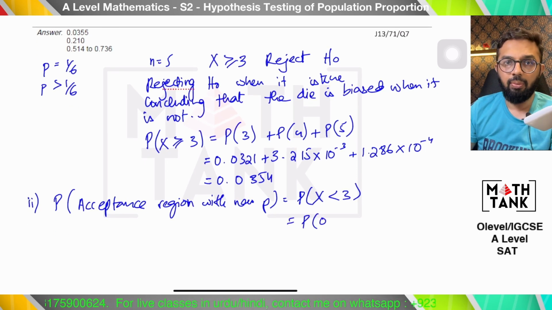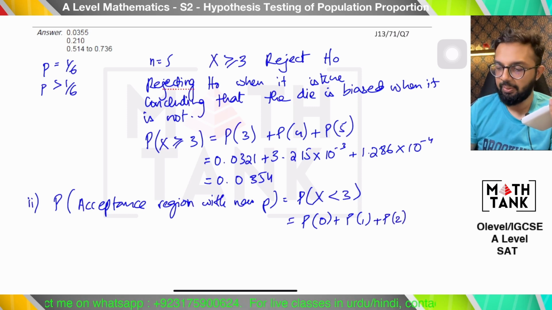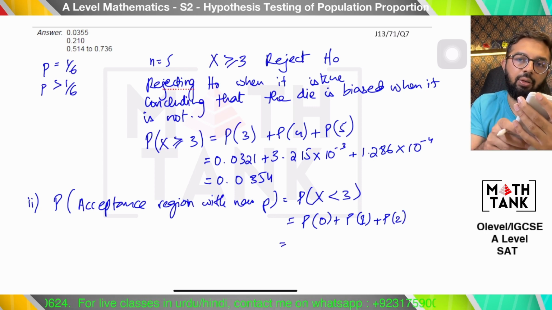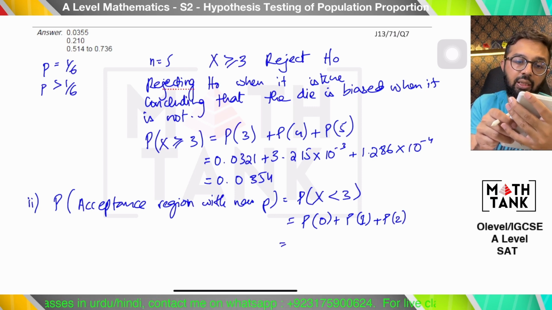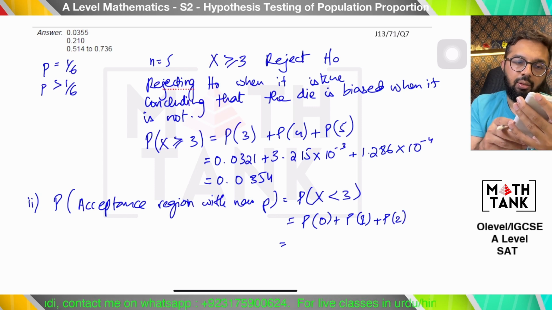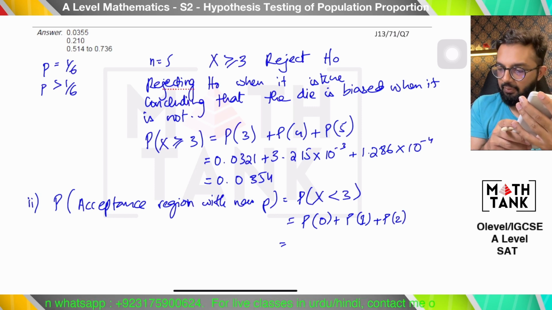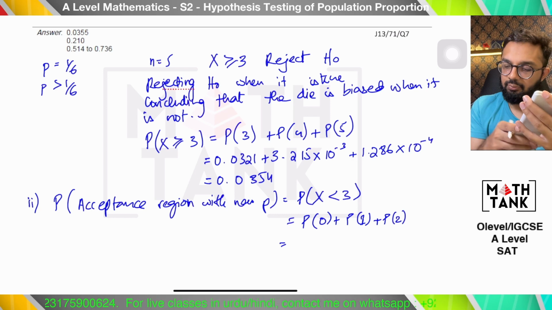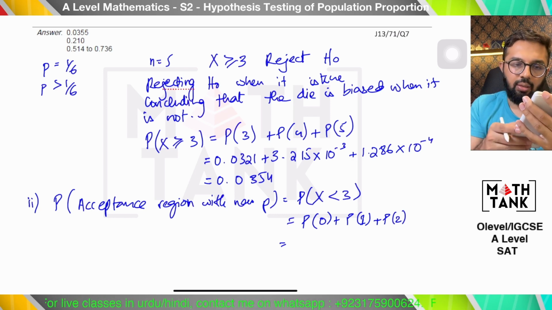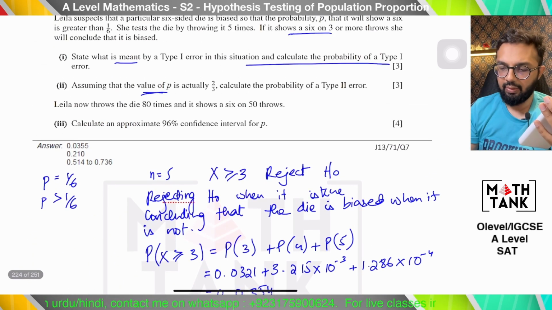So I'm going to say probability of 0, 1, 2. Yeah, that's pretty much it. I'm going to use the cumulative distribution on my calculator and try to come up with a final answer quickly. And my new P is 2/3, that's given in the question.